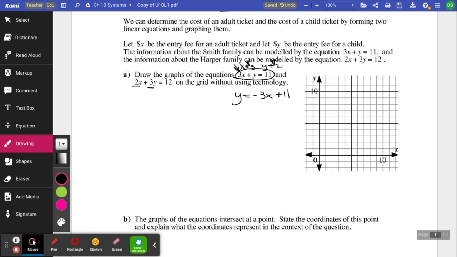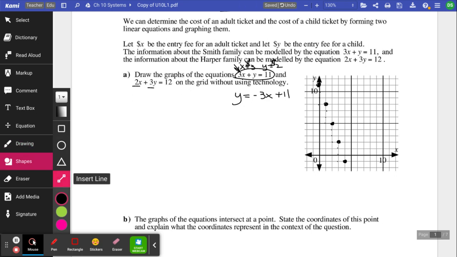Start at 11, and then down 3 over 1, and we could draw a line. Works pretty good.